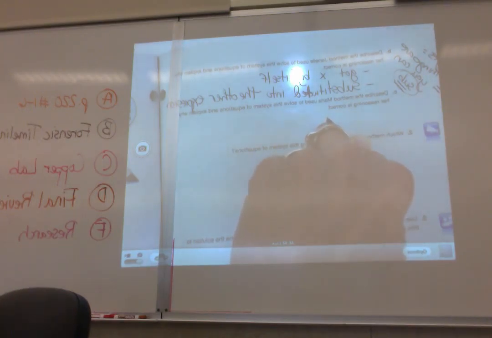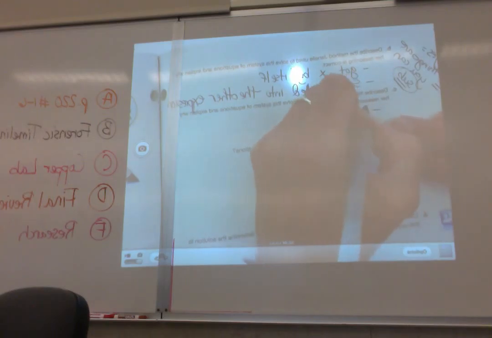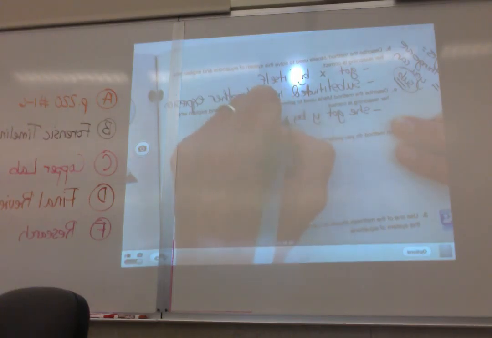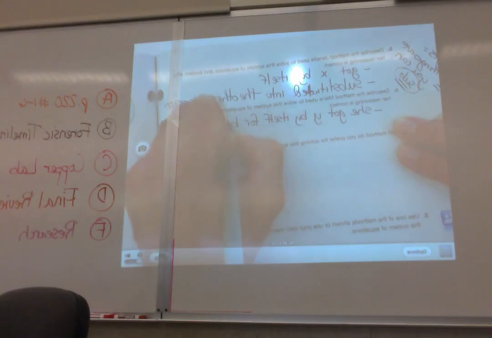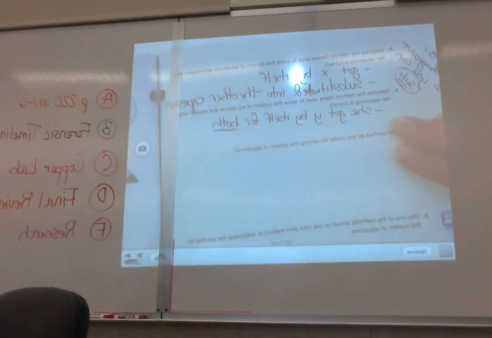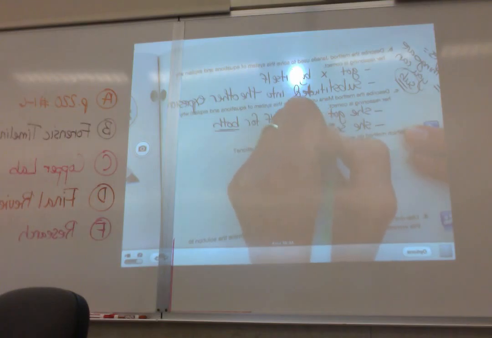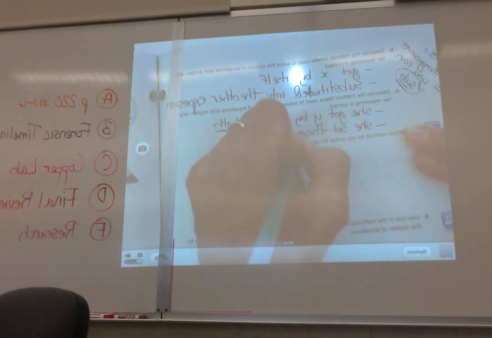Got y by itself. Then what did she do? Got y by itself for both. Both of the others were only working with one of them to get the variable by. Then she set them equal.